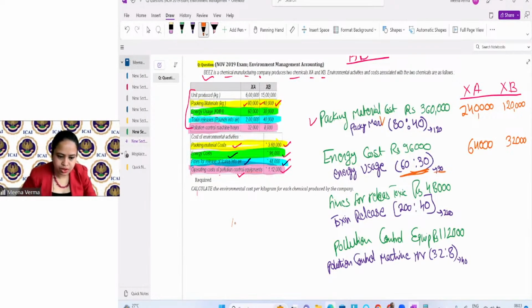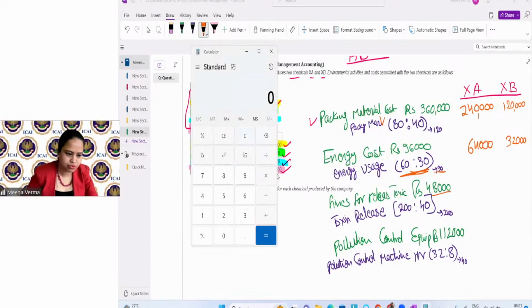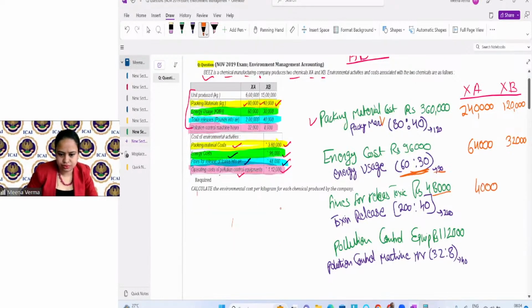Your fine for release of toxic, 48,000. 48,000 into 20 divided by 24 is 40,000. And the other is 8,000.